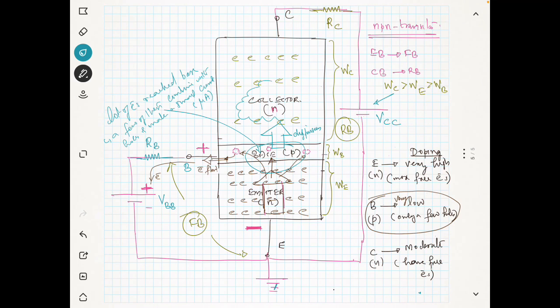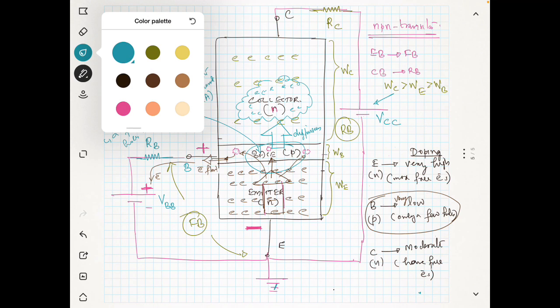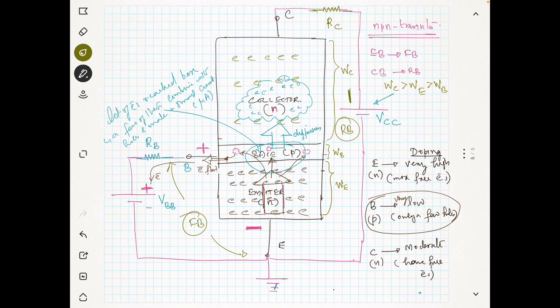So now the collector has a lot of electrons, which are coming from the emitter basically. Now you can see here at the collector, what is the power supply we have given? At the collector we have given a positive power supply. The charge of the electron is negative.